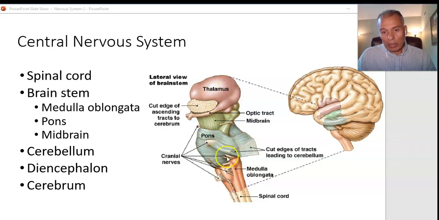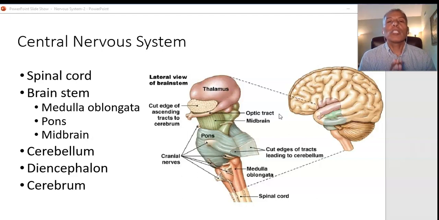Everything that is sitting on top of these structures, other than the brainstem, the diencephalon, and the cerebellum, everything else that you see, all of this structure here surrounding these, is the cerebrum.